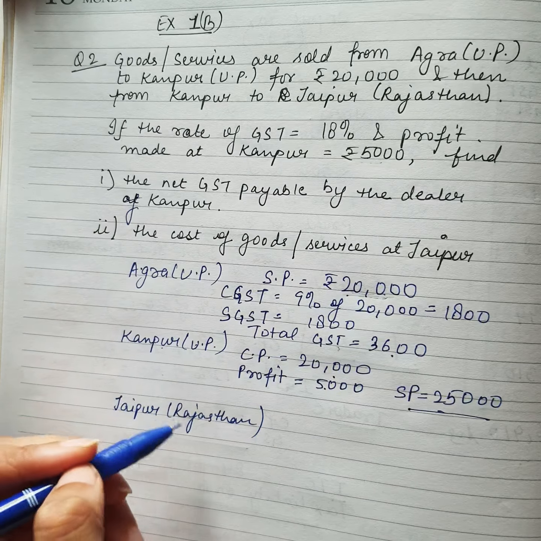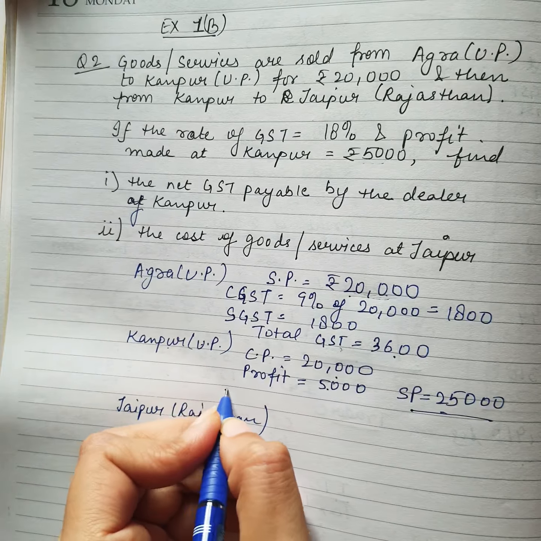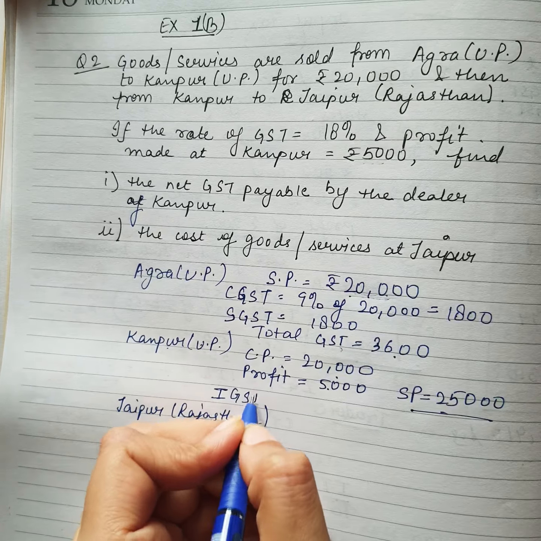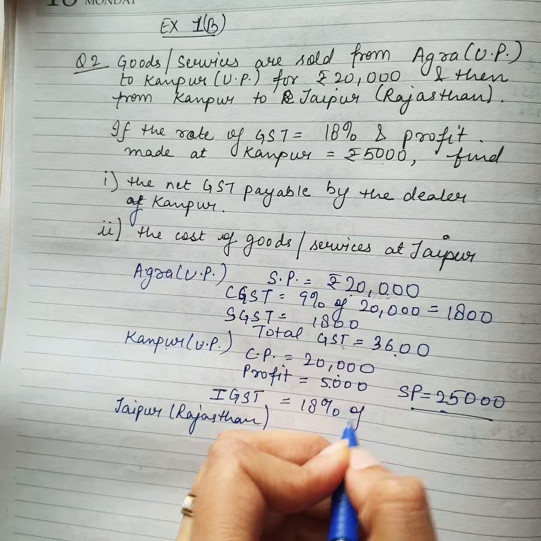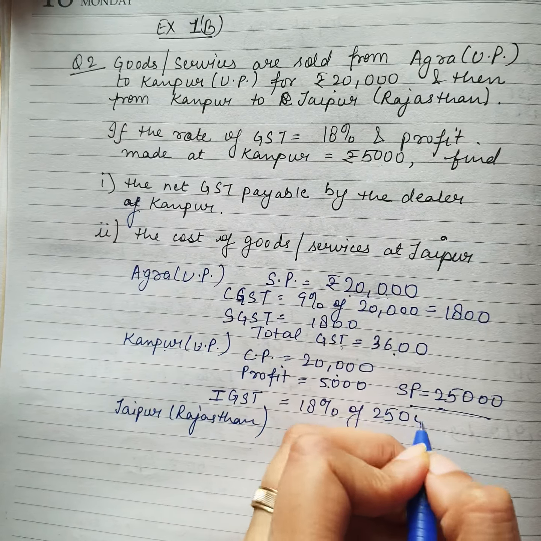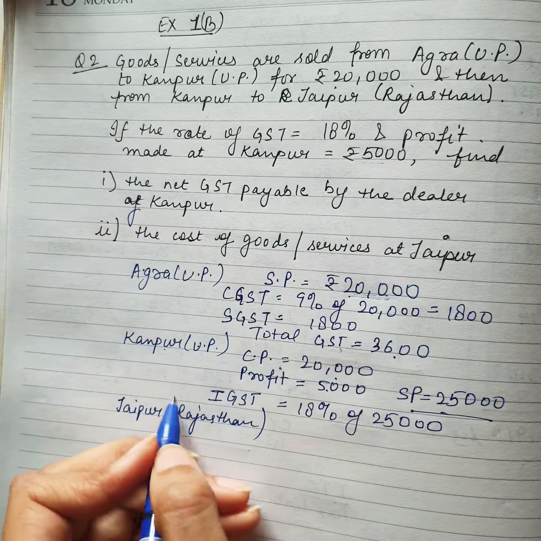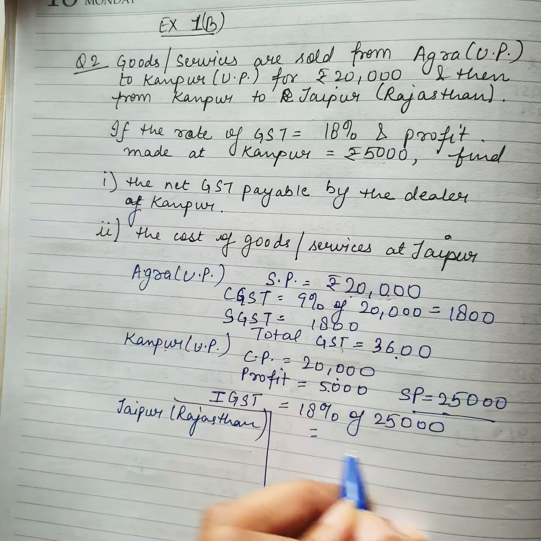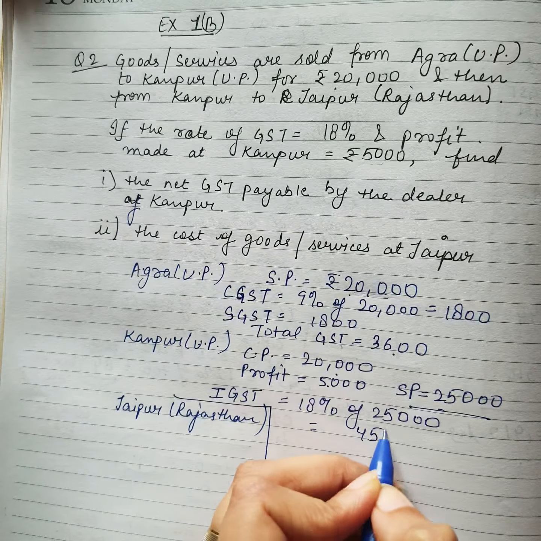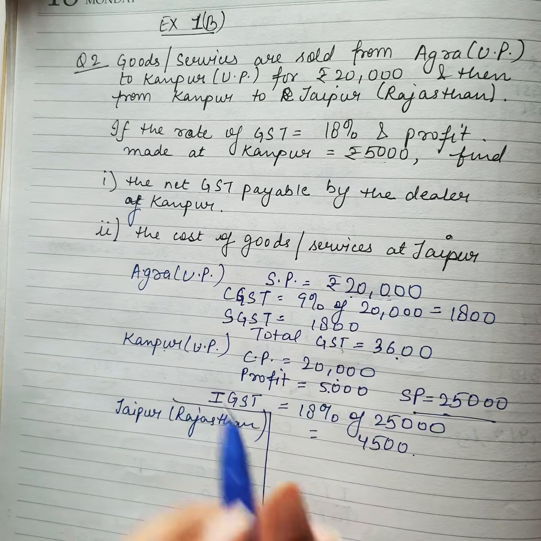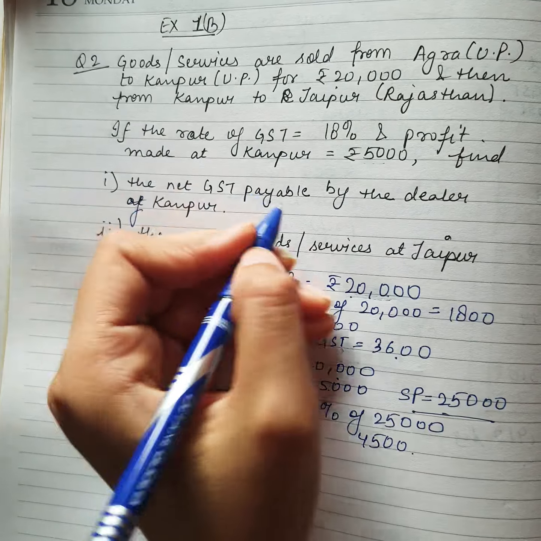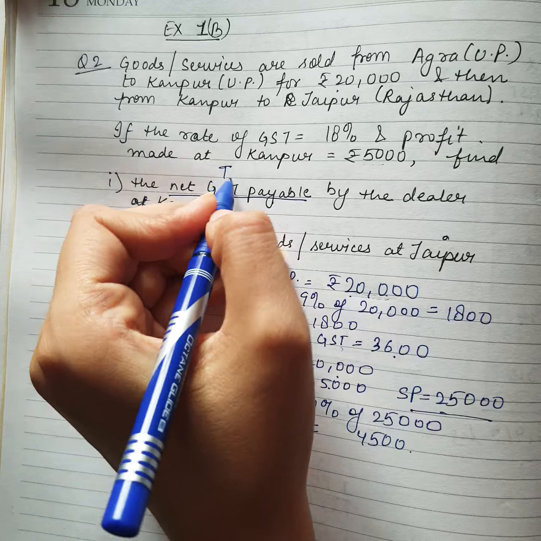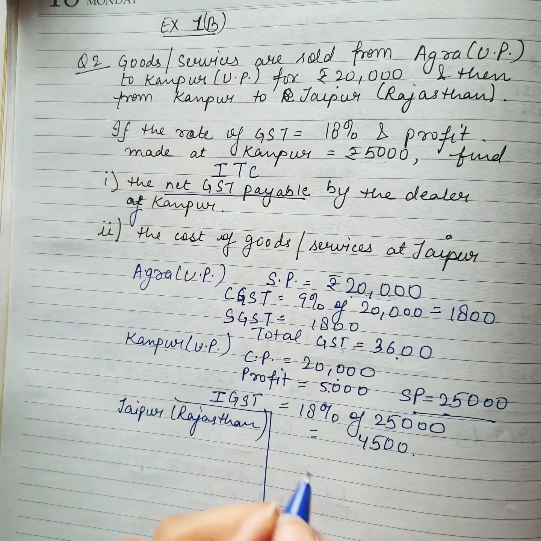Now since UP to Rajasthan is interstate, this time IGST will be applicable. 18% of the selling price, which is 25,000, that means this is 4,500. Now first part, the net GST payable. The net GST payable is after input tax credit.